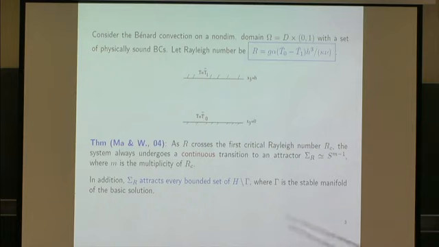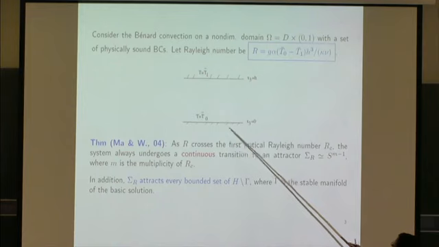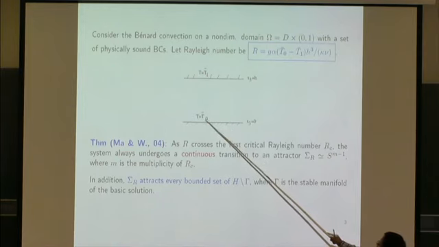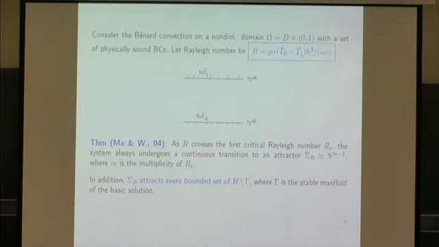You have a layer of fluid, motionless to start with, heated from the bottom, so the bottom temperature T0 bar is bigger than T1 bar. When this temperature gradient gets larger and larger, the system undergoes a transition, a bifurcation, and new states come out.